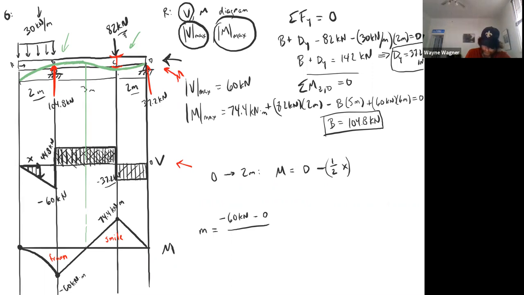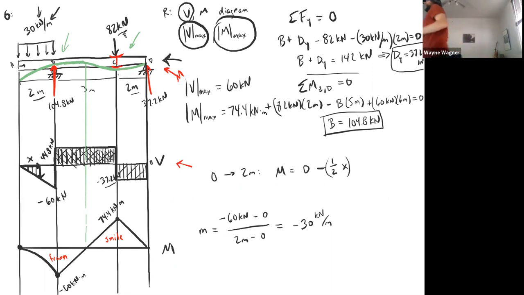To get to 60, we went to 2 meters. So the slope of this line is negative 30 kilonewtons per meter. Well, that's interesting. We already knew that from up there.